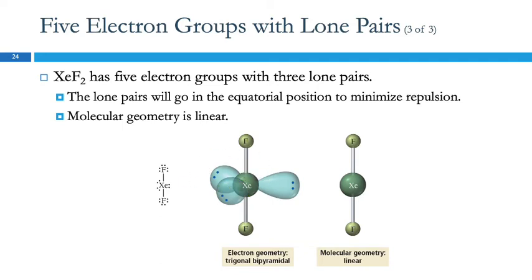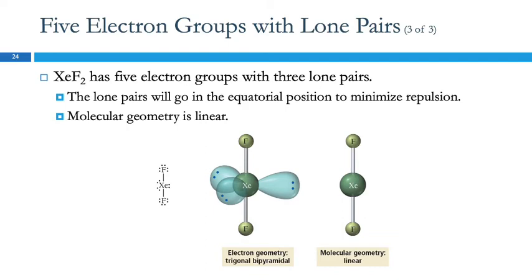And so now when we look at this, all we see are the atoms in the equatorial positions. And so that's linear. We also saw linear if we only had 2 electron groups. But you can get linear with 5 electron groups also.